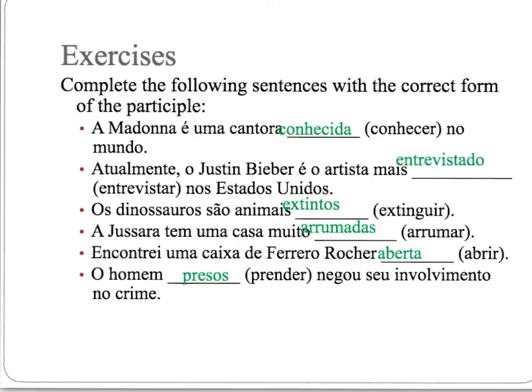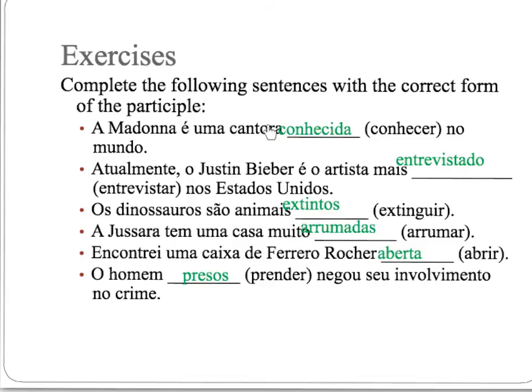All right. So here, I had an exercise, okay, but it already has the answer, just so you see the example. A Madonna é uma cantora conhecida no mundo, okay? So I want to say that Madonna is a known singer throughout the world, okay?